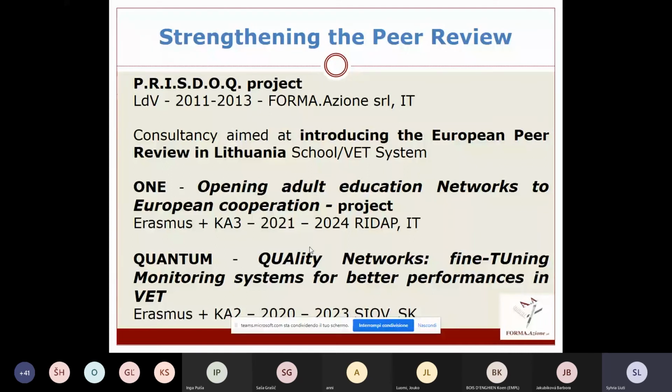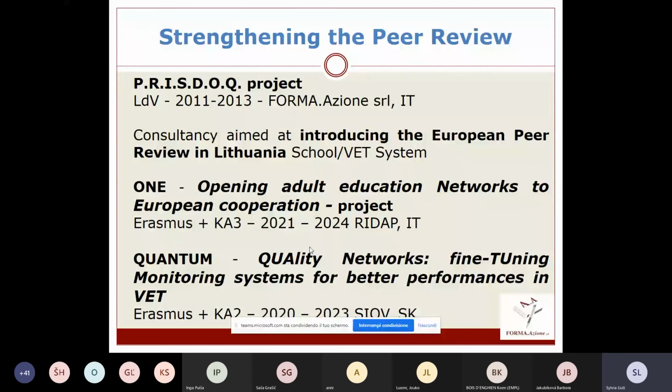But it is also important to think about how to strengthen the peer review methodology, something we are aware of and still involved in, together with other key actors. Of course, Annie here is one of the main experts on this. The first one was this experience, from which we really started, but I wanted to put it under strengthening the peer review.